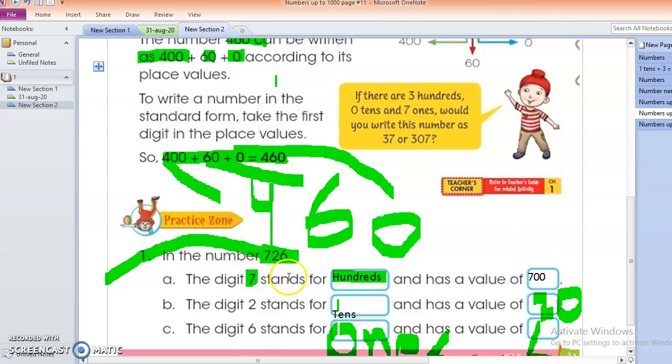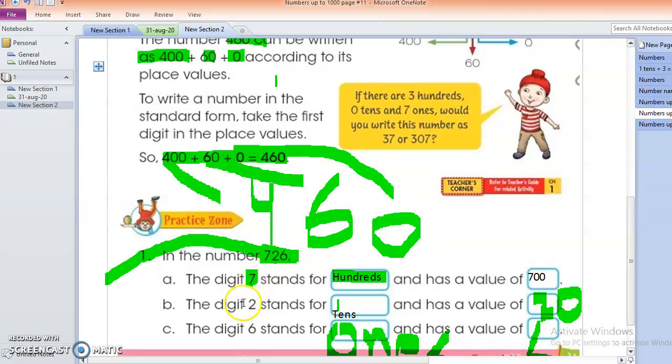Okay. Now you have to attempt this practice zone, and they are asking, in the number 726, the digit 7 stands for dash. So digit 7 stands for 100 here, because it is at the hundreds place and it has a value of 700. Got it? Same. Look at 2, which place is it at?